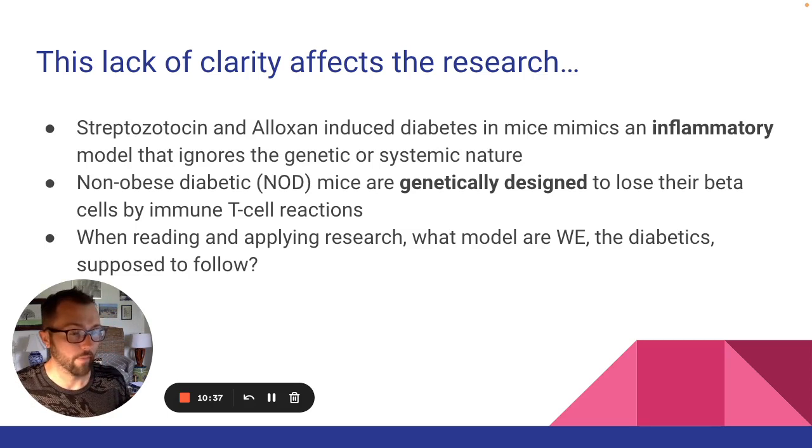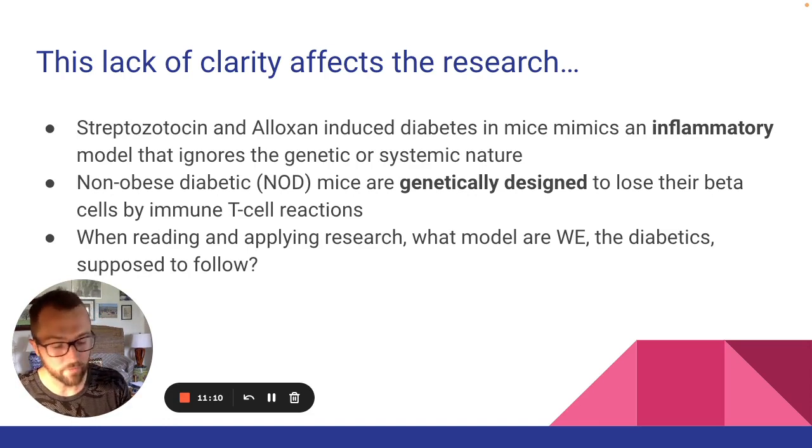Now, you may say, okay, well, after you use that, then you have a mouse that is diabetic, and you can implement whatever the subject is that you're looking to study, whether it be a diet, whether it be a drug, what have you, to see if you can regenerate whatever it is that you want to. But what that outlook neglects is the systemic effects that could be possible in inducing a human's diabetes, right?